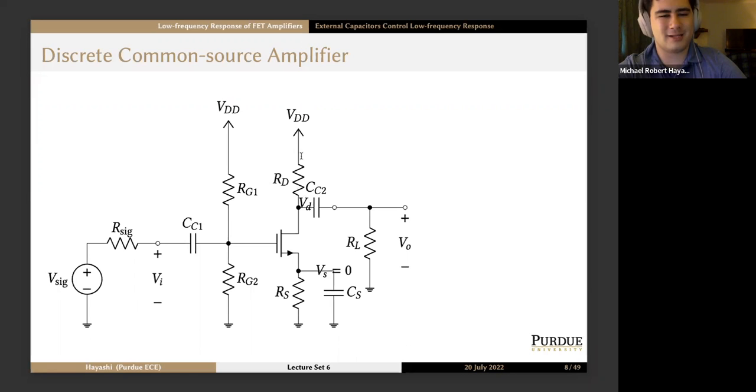And then RD is part of the biasing network, and it also converts our output current into an output voltage. So RD is our drain resistor, VD at the drain. We'll have a coupling capacitor CC2, then we'll have R sub L as our load resistance to ground, and we measured the voltage across it.